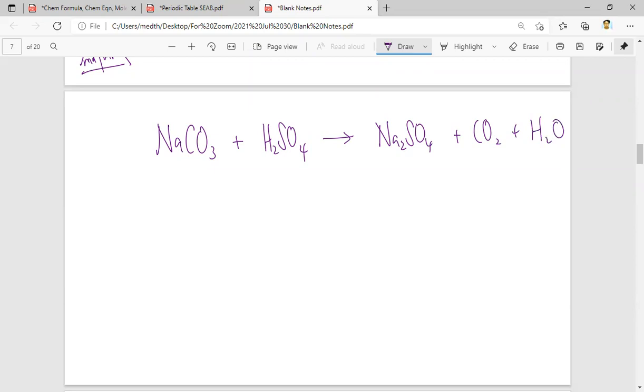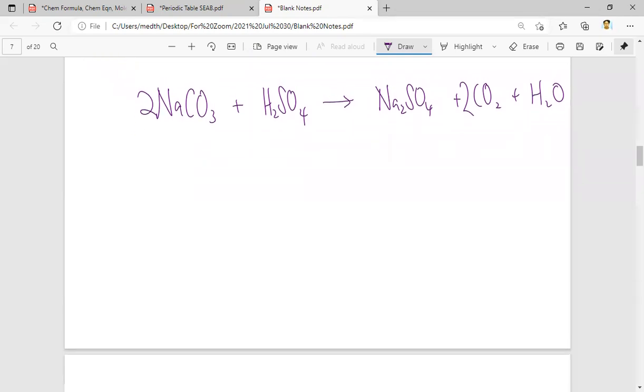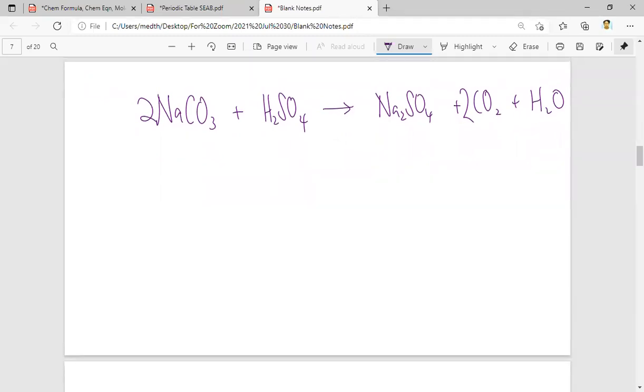Let me balance the chemical equation. I will put 2 here. Hydrogen, I have 2, oxygen, 2. Just let me double check. Okay, should be done. Yes. Sorry, this one has 2. Sorry, my mistake.